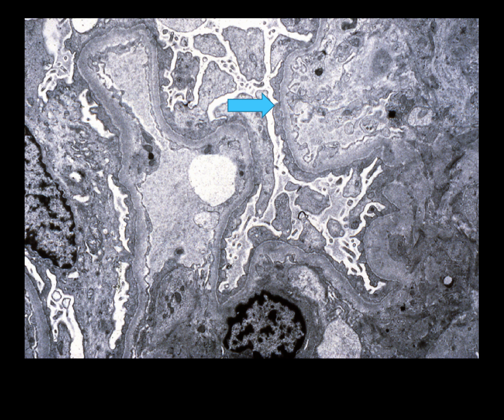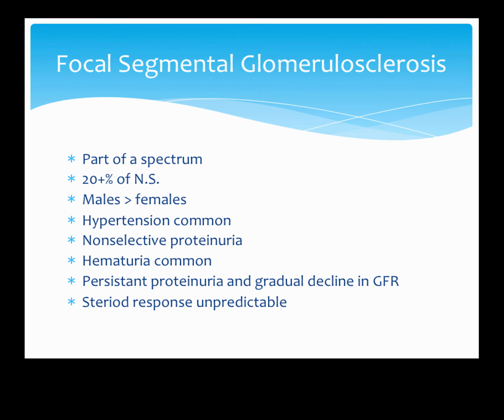And if you look around in this particular electron micrograph, essentially all of the foot processes show this degree of collapse and effacement. This is the characteristic morphologic finding in patients with minimal change disease.